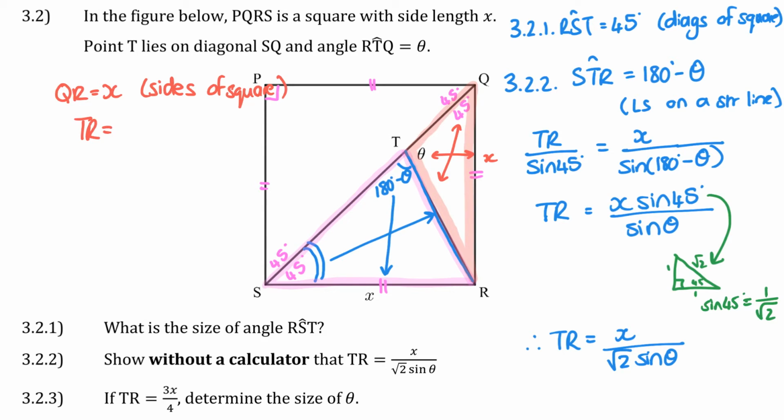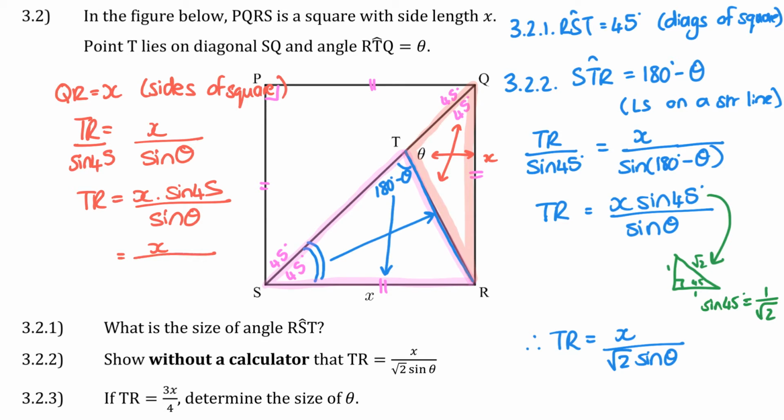TR over sine of 45 is equal to x out of sine of theta, and you land up in exactly the same place. x times sine of 45 over sine of theta, and I know sine of 45 is 1 out of root 2, so x out of root 2 sine of theta.